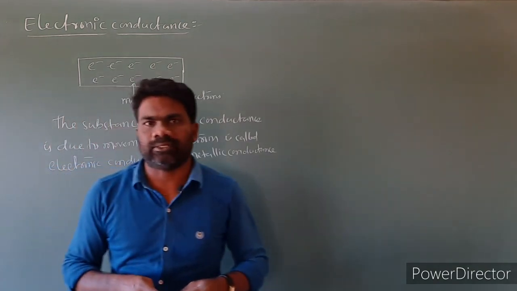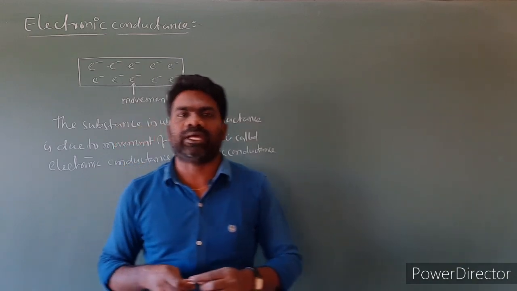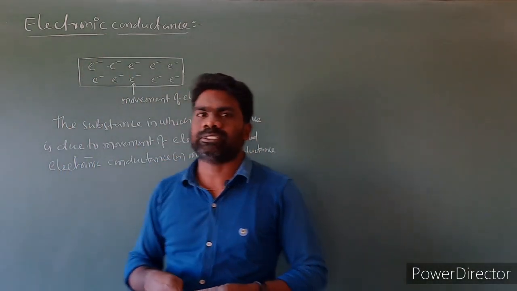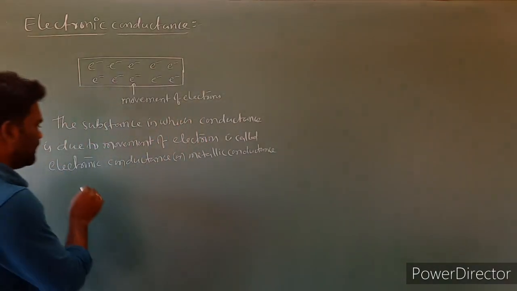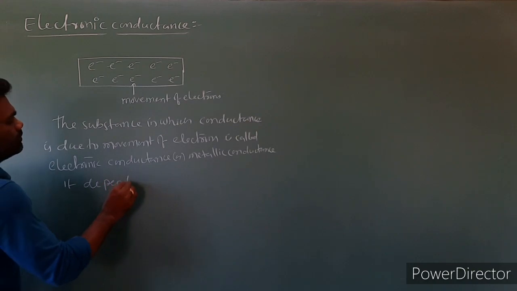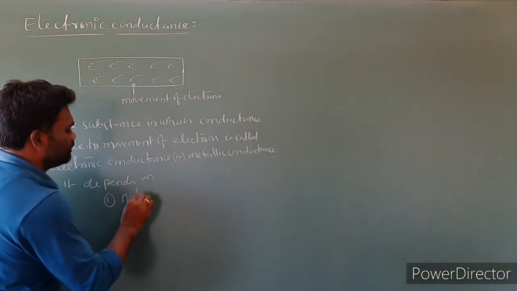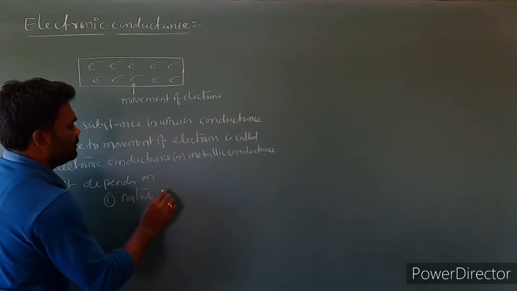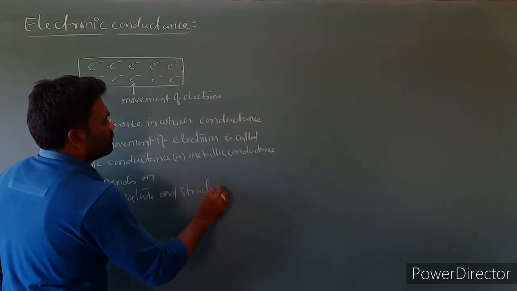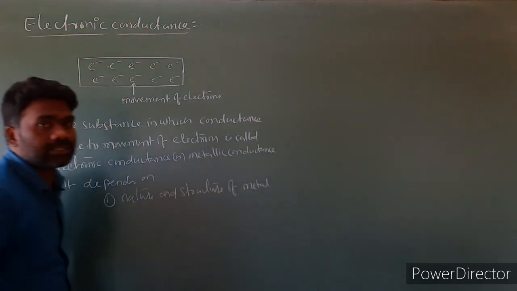the structure of the metal. The second one is the number of valence electrons per atom, and the third is temperature. So the first one: nature and structure of metal.